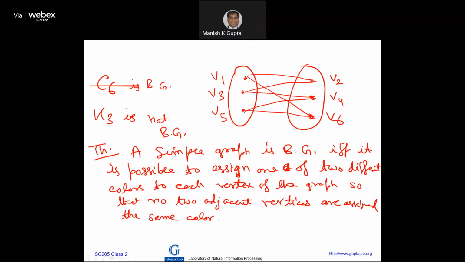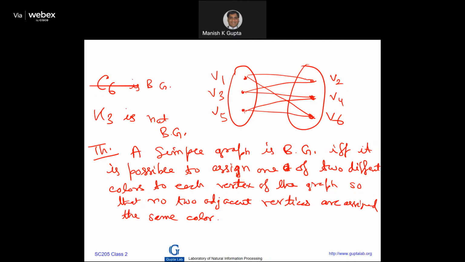So what does that mean? A simple graph, so basically there are no loops and those kinds of things. It is a bipartite graph if and only if it is possible to assign two different colors to the vertices.